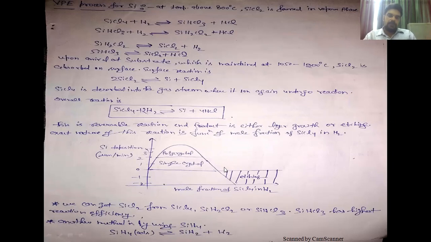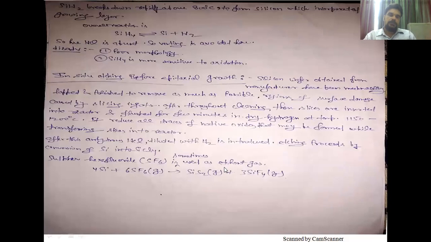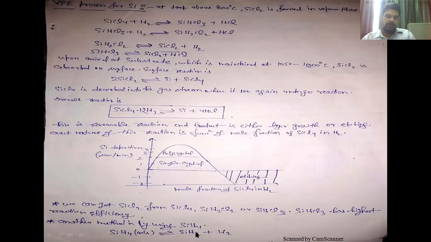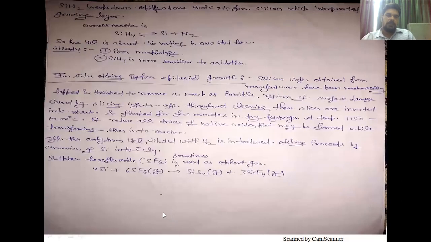The SiH2, the product of the previous reaction, breaks down rapidly above 800 degrees centigrade, and SiH4 is decomposed into silicon, and this silicon is deposited onto the substrate. So two reactions are involved here.